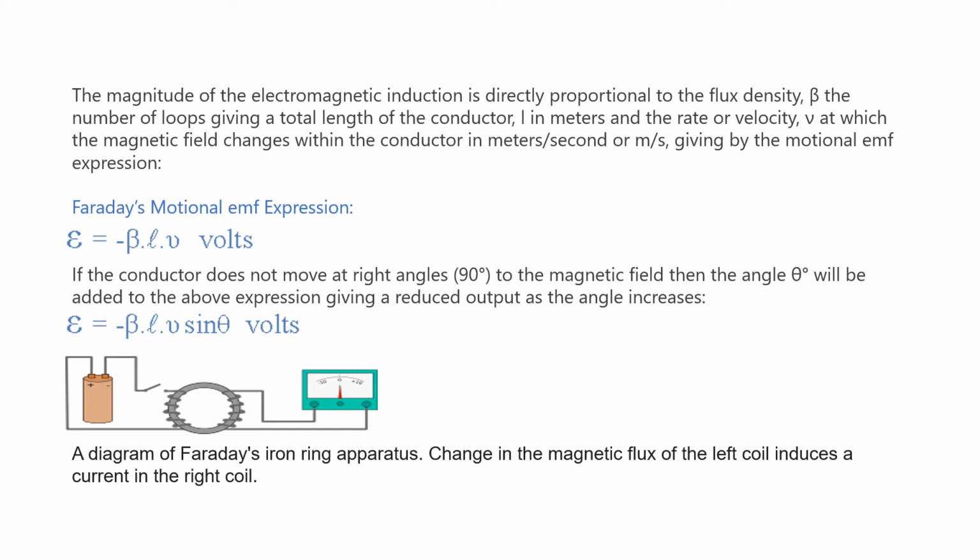So whenever there is a change in the magnetic flux on the left side coil, the induced EMF will appear in the right side coil and it will give a reading on the meter. Depending upon the strength of the applied voltage, the value of the meter reading will change.